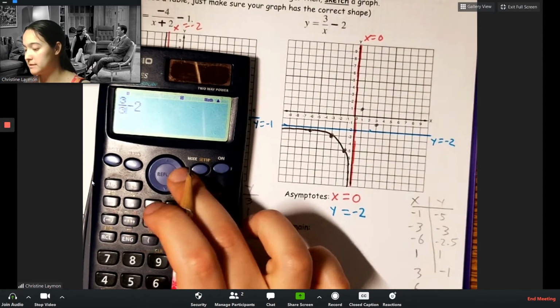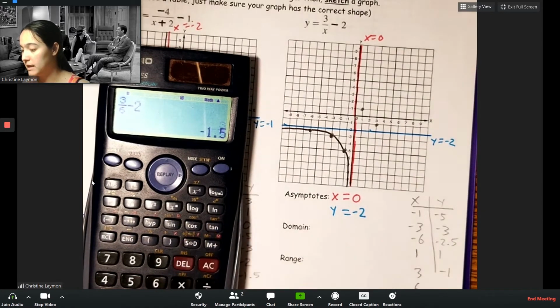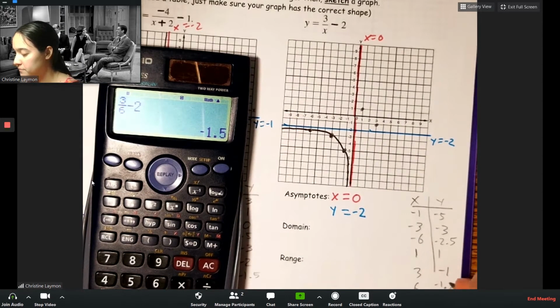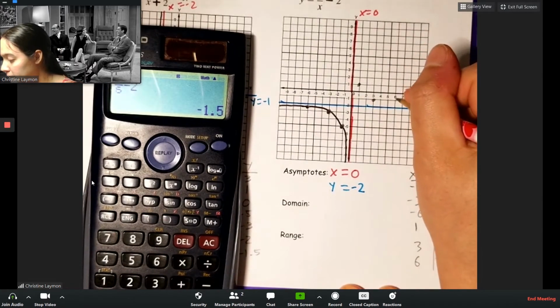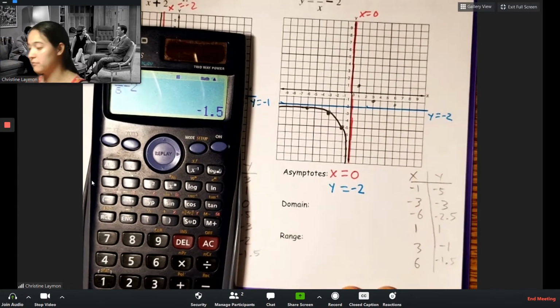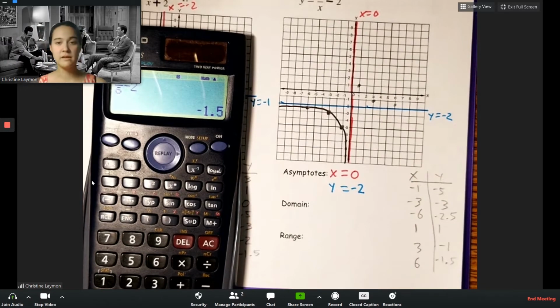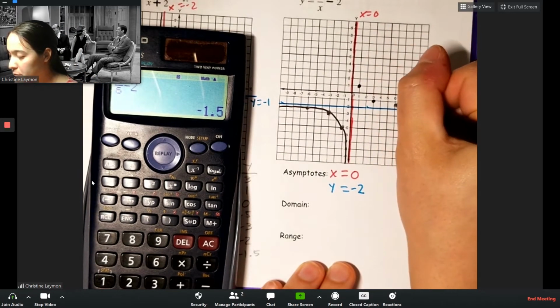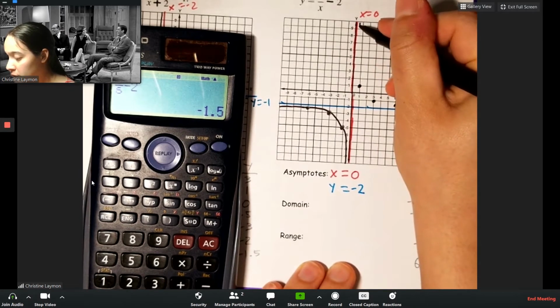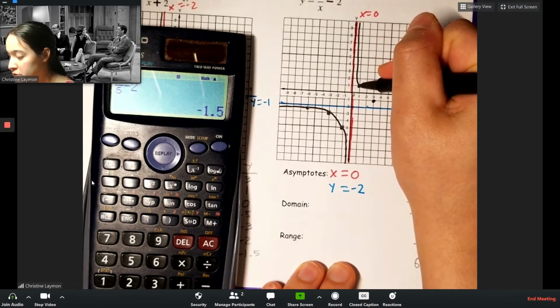So if I plug in 6, I'm getting out -1.5. -1.5. So 6, here's -1, here is -1.5. And again, for now, I'm going to call that good. If we were in class, I might have you make more points, but for now, I just really want you to know what this graph is supposed to look like.